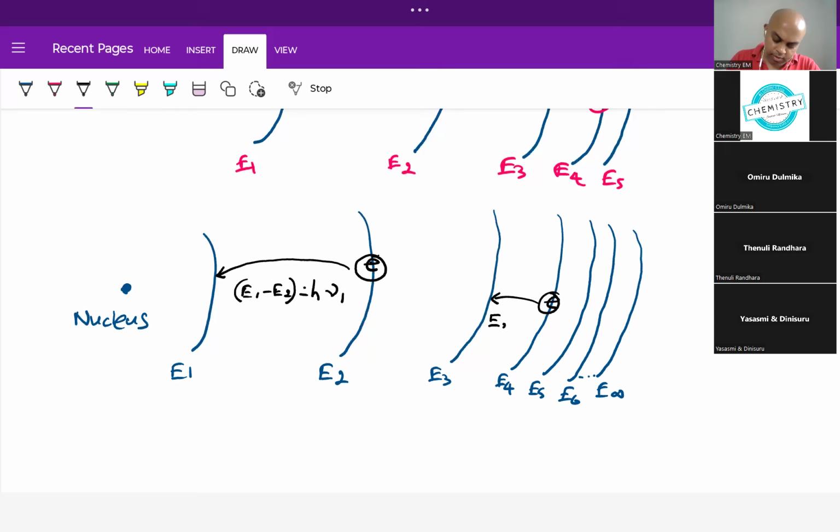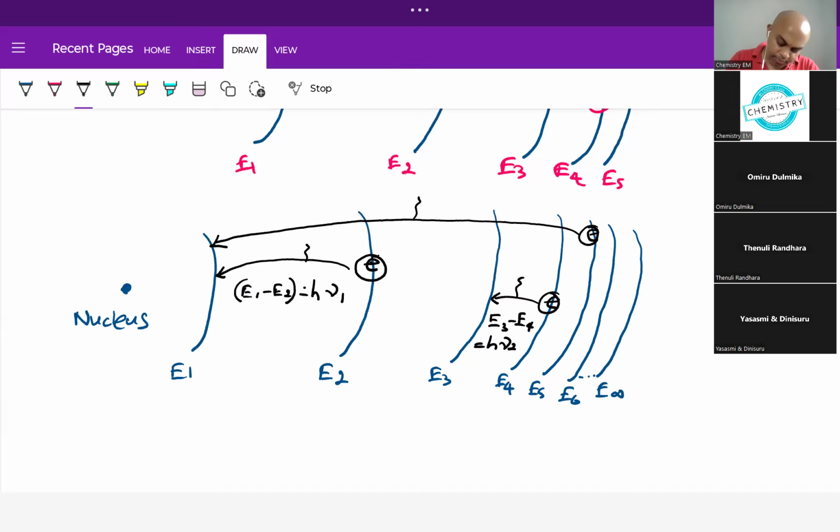This is creating emission spectrum, right?